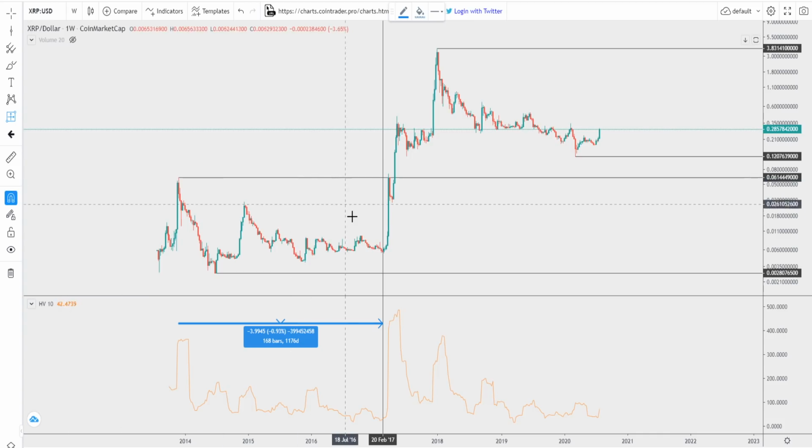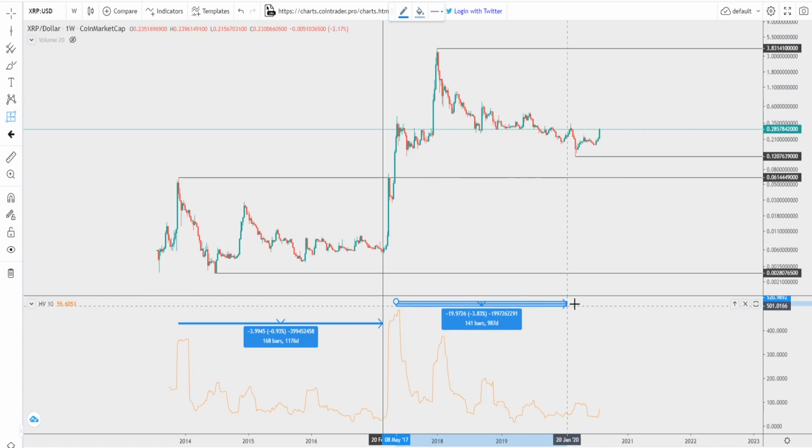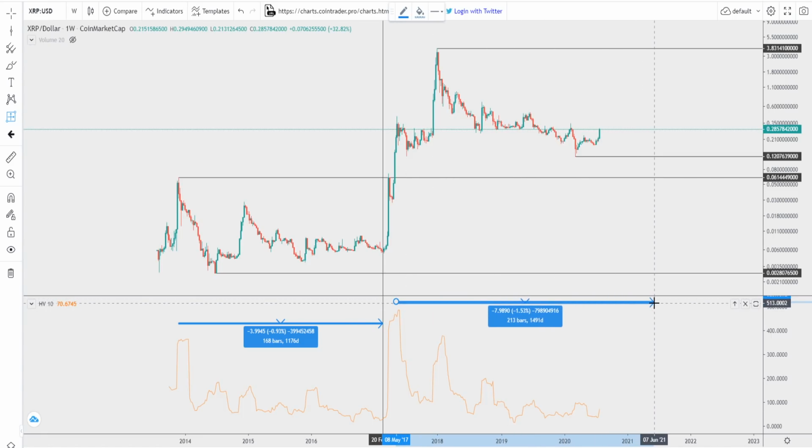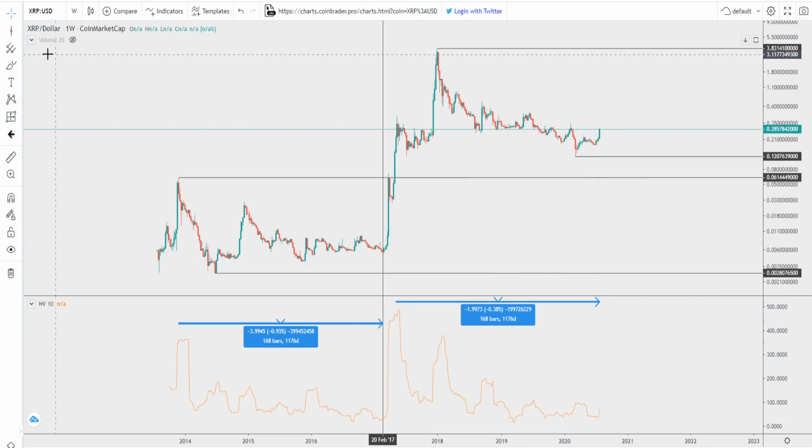It's 1176. Yes, right here. And now let's go for the columns, the bars, I mean.